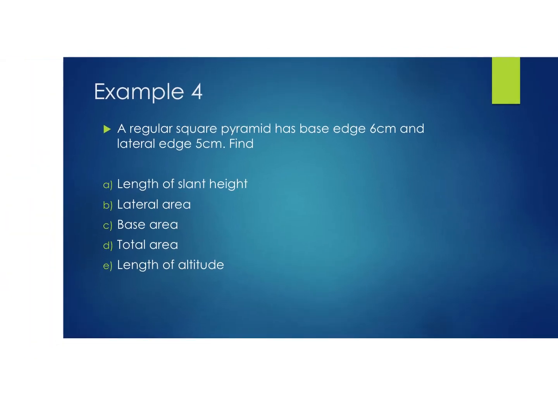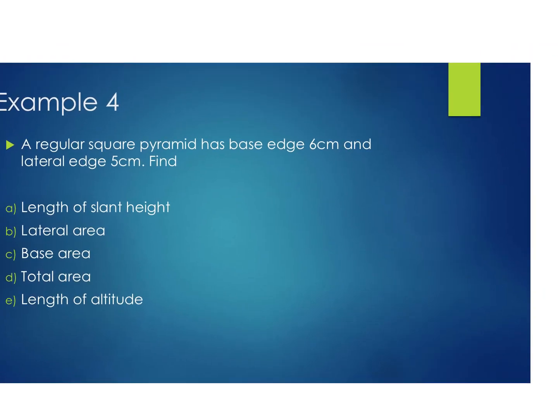So here they're telling us we have a regular square pyramid. Now this one's a little tricky because we have to use the Pythagorean Theorem to find some of these heights. So let me go ahead and draw a pyramid.